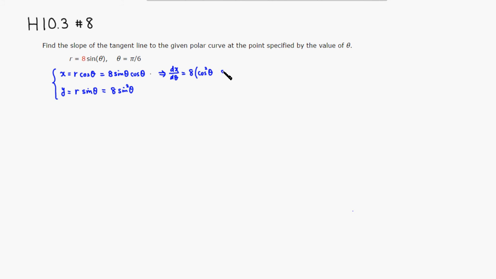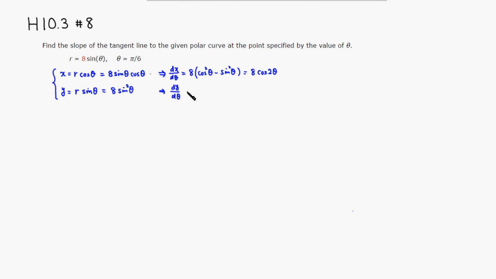And the second term is sine times the derivative of cosine, which is negative sine, so it's negative sine squared. So this is going to be equal to 8 times cosine squared minus sine squared, which is actually cosine of 2 theta.